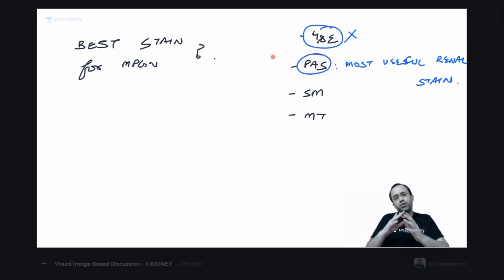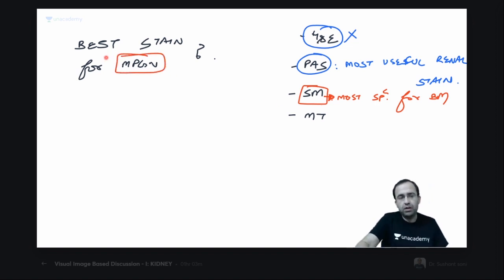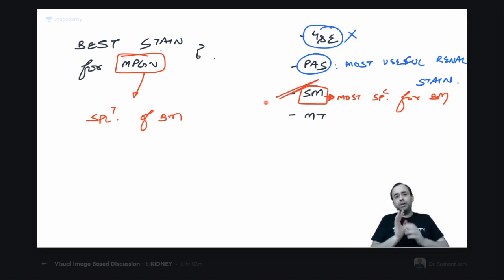But the most specific stain for basement membrane is SM, silver methenamine. What was the diagnostic hallmark of MPGN? Splitting of the basement membrane, leading to double contour or tram track appearance. So the stain of choice for MPGN is silver methenamine.